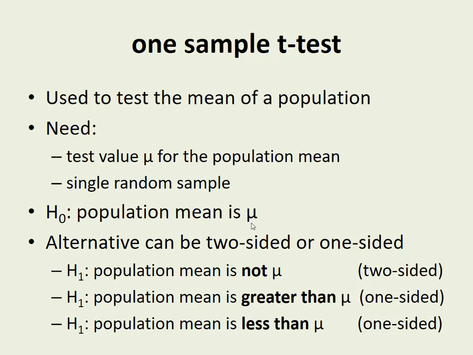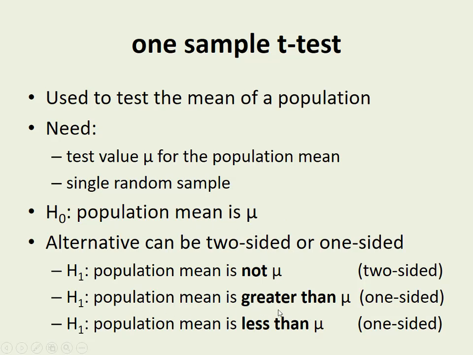If you're just testing whether it's inaccurate, then the alternative would be that it's just not mu. So you would reject the null if you get something much bigger in your sample, or if your sample is much smaller. That would be a two-sided alternative: the population mean is not that. Or you could be trying to show that there's been an increase, in which case you're only going to reject the null if you get a much bigger value.